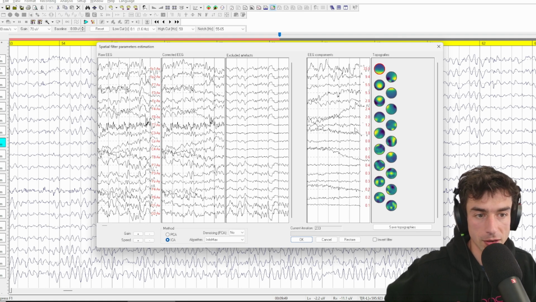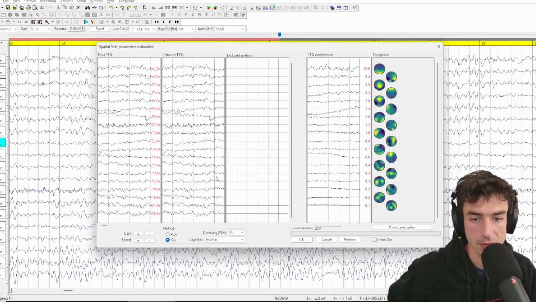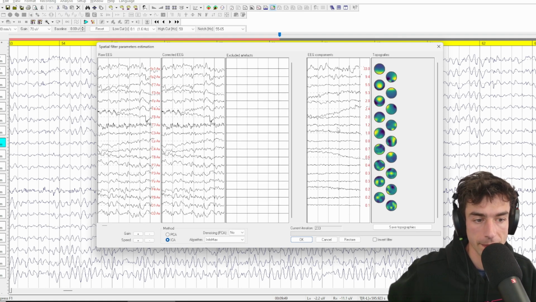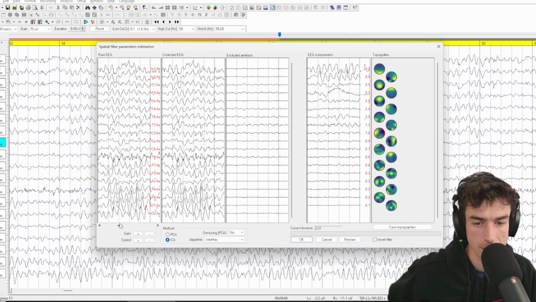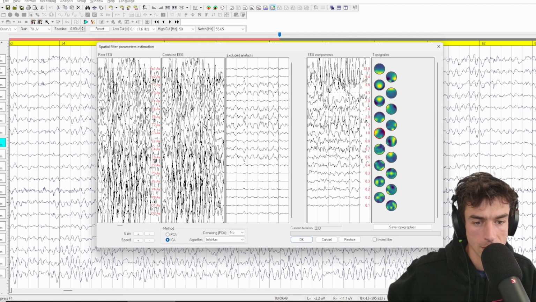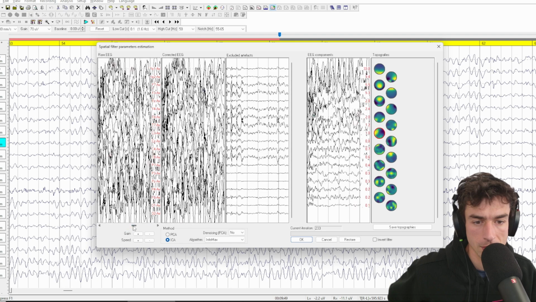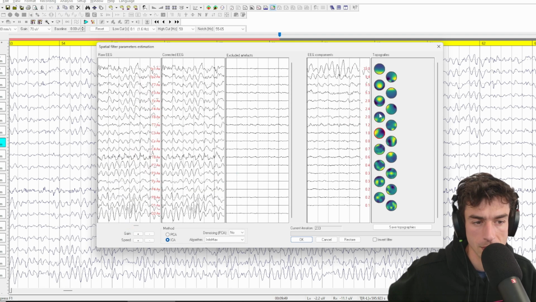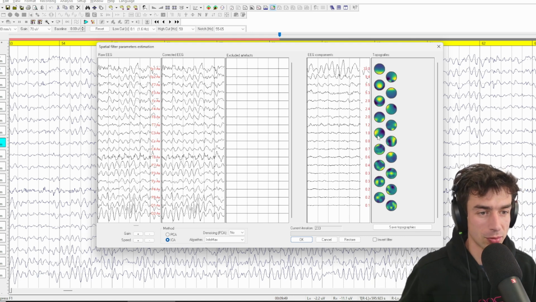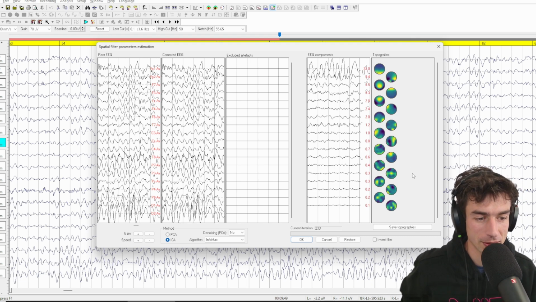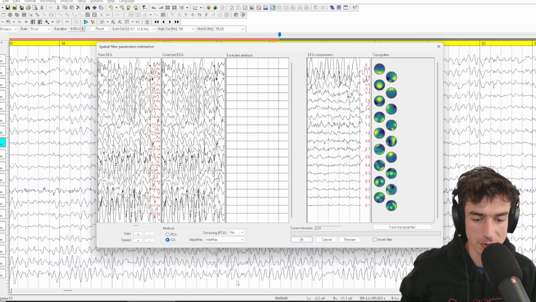Just looking at our topographies here. Finding good topographies for the artifact we're trying to remove is a little bit of an art, and I'm not loving what this is giving me.